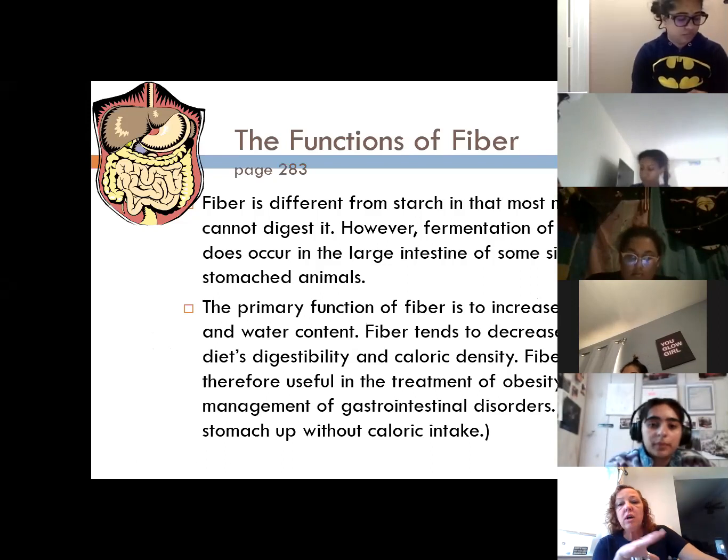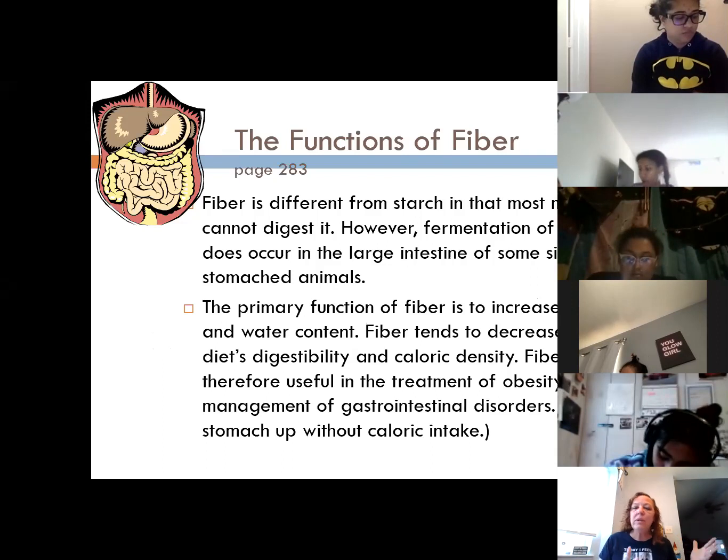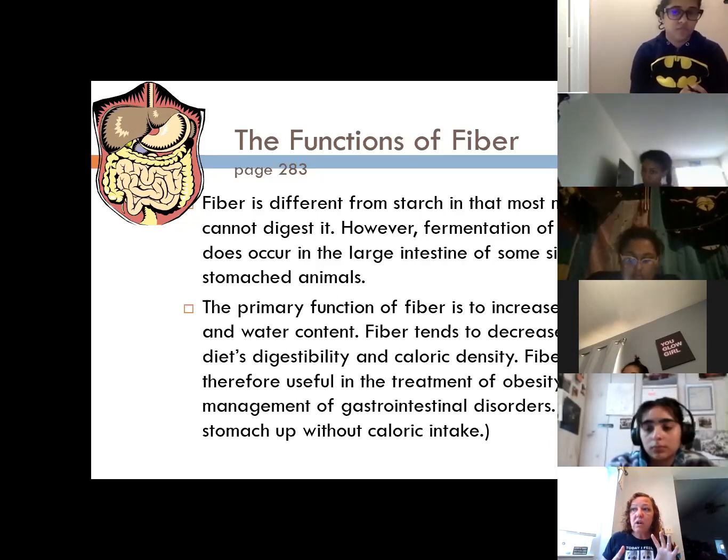So in us and dogs and cats, the primary function of fiber is to help to bulk up the feces. Small intestines can't really do anything with it, so it does slow everything down. You eat a big fibrous meal, and it sits on the small intestinal sorting tables for a long period of time.